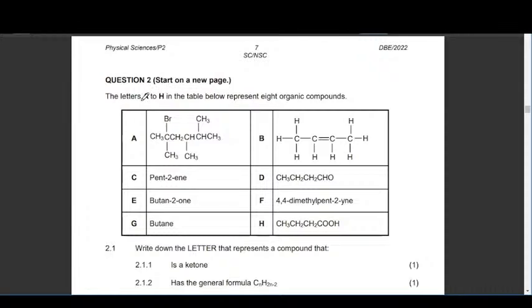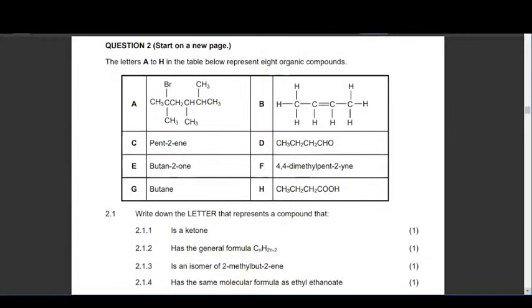Question 2 is about organic chemistry. They're saying that A to H in the table below represents 8 organic compounds. Write down the letter that represents the compound that is.